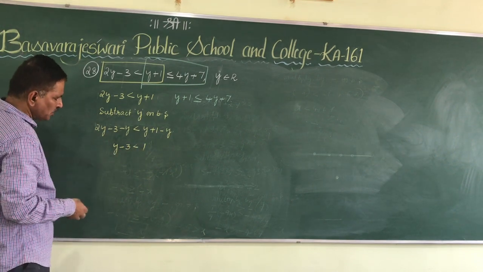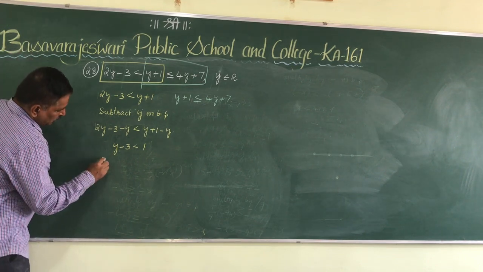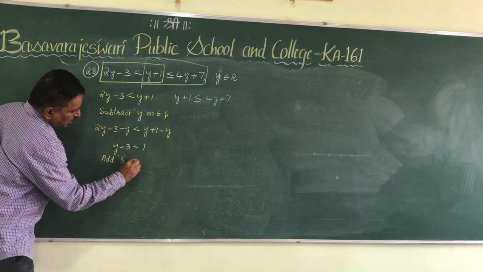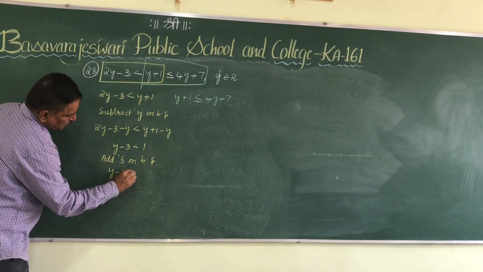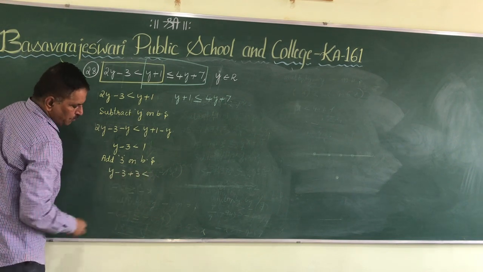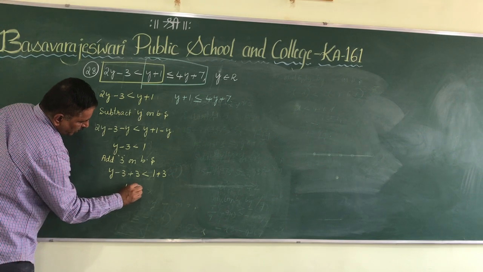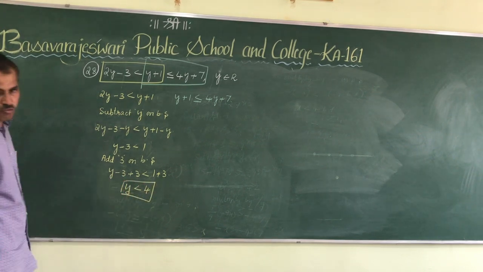Again, variable on one side, constant on the other side. It is minus 3, make it plus 3, so add 3 on both sides. So y minus 3 plus 3 is less than 1 plus 3. Very clearly, y is less than 4.